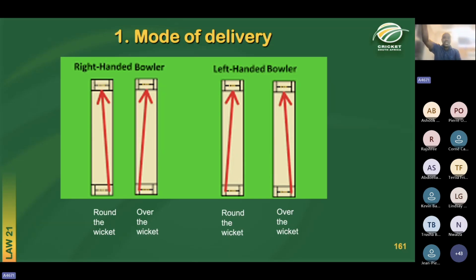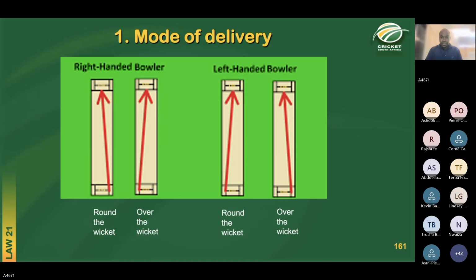If a right-hander is bowling with the stumps next to the right arm, then they are bowling over the wicket, right arm over the wicket. But if the right-hander decides to change and bowl on the other side of the stumps, where the stumps are closer to the left arm, then the bowler will be bowling right arm around the wicket.